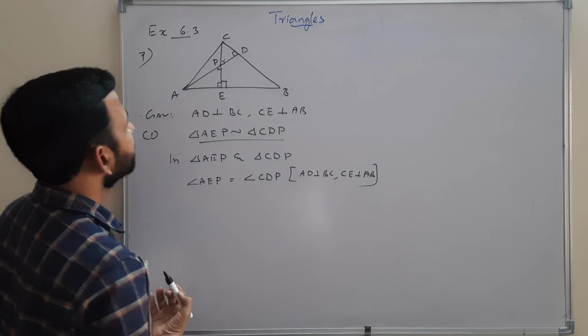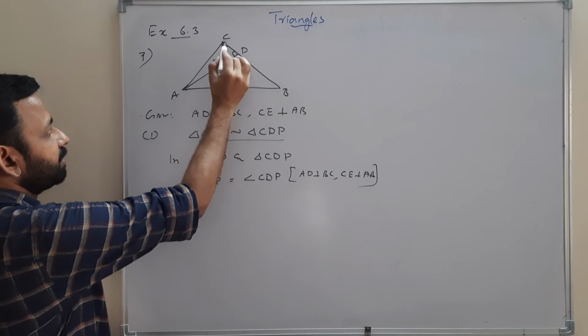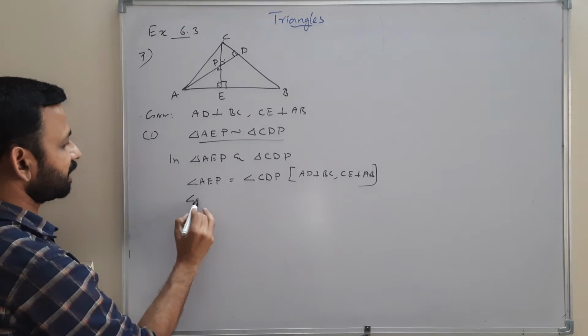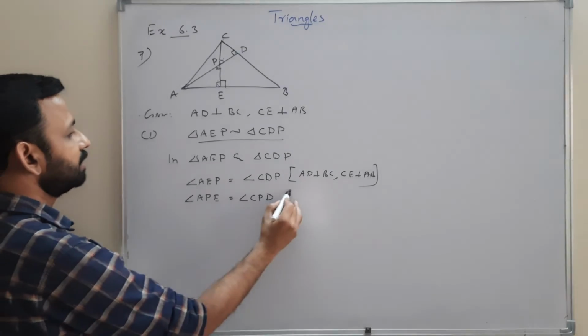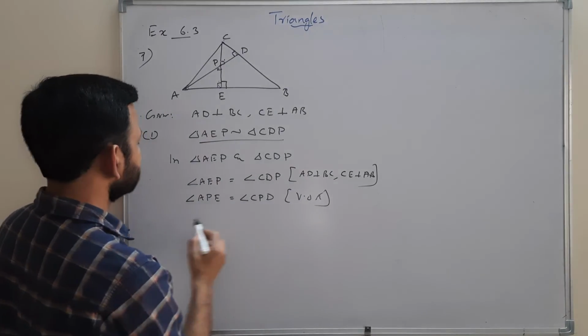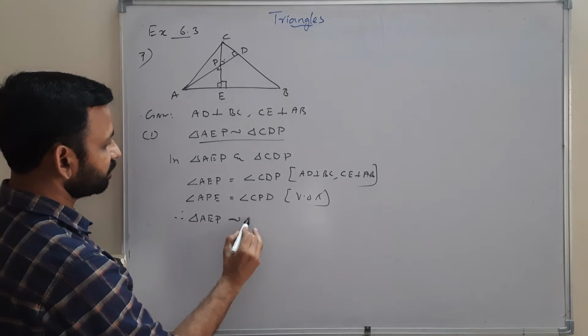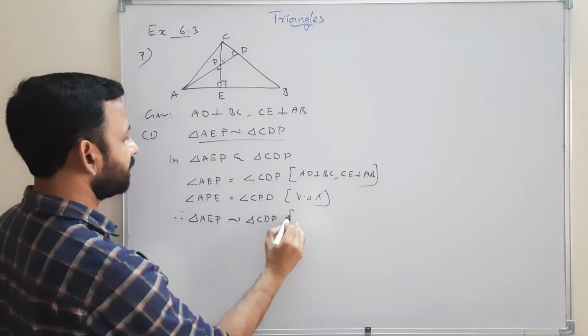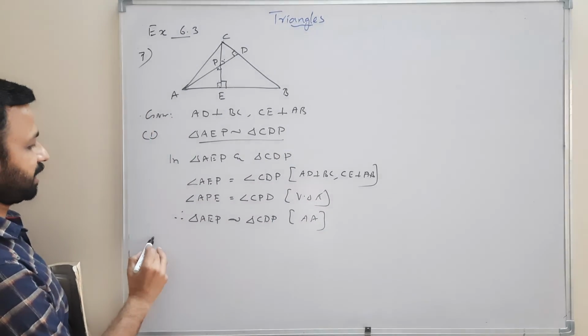Then angle APE equal to angle CPD. Reason: vertically opposite angles. Therefore triangle AEP is similar to triangle CDP by the AA theorem. So they are similar. Then the second question.